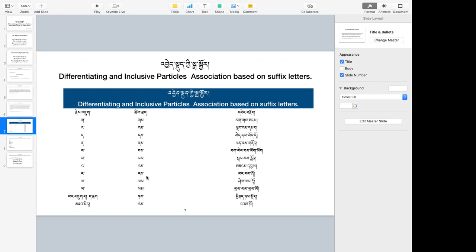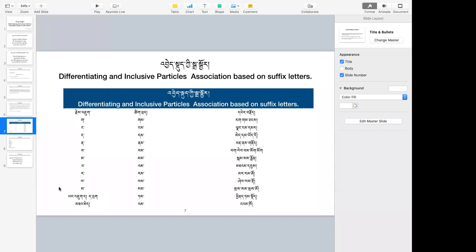So there are 10 directly stated particles. There is one inferential particle, Tam. These 10 directly stated particles follow the name on the basis of the suffix letter. If the suffix letter is the same as the first letter of that particle, then the particle associates with that name.